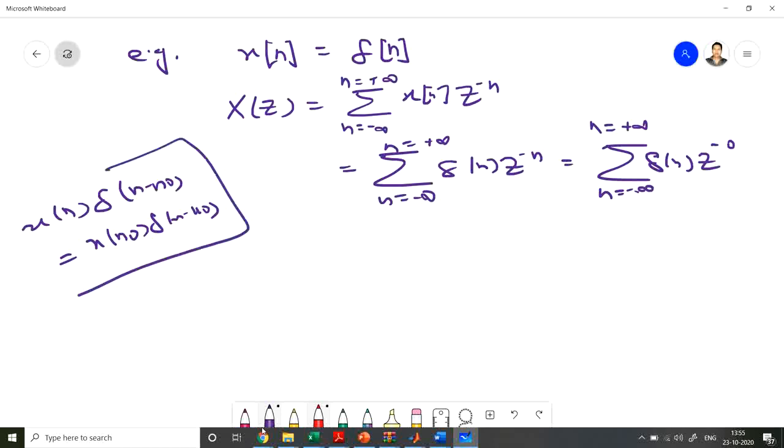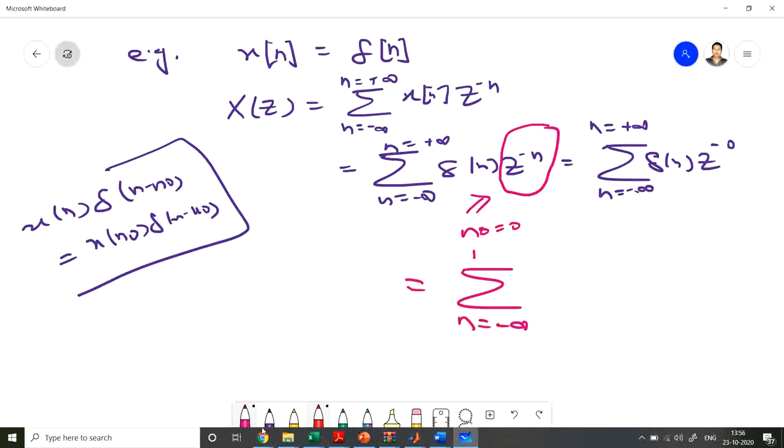So we can use this property here. Instead of x(n) we have z raised to the power minus n, and the delay n0 is 0. So we have z raised to the power minus 0 multiplied by delta(n).